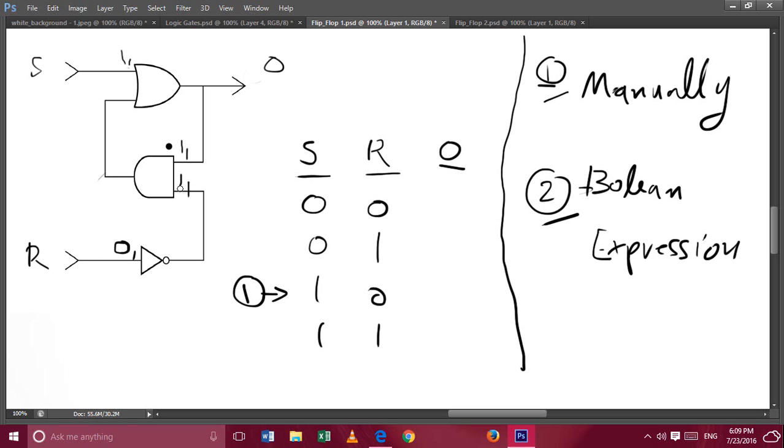So 1 and 1 in the AND gate, that goes here, and it becomes a 1, right? So 1 and 1 in the OR, the output becomes 1. Okay? So we have done this part. So this becomes 1. All right.